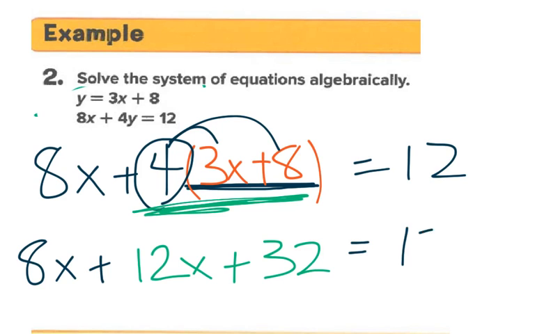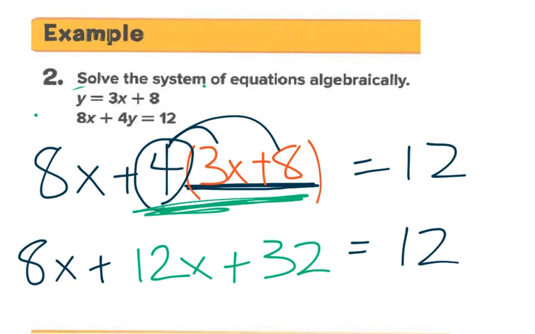And then I'm going to bring down the 12 because it didn't change. Notice the only thing that changed was when I distributed the 4. Everything else just came down the same way that it was before. And again, notice there's no y's. I'm not trying to solve for two variables here. I'm just trying to solve for one.